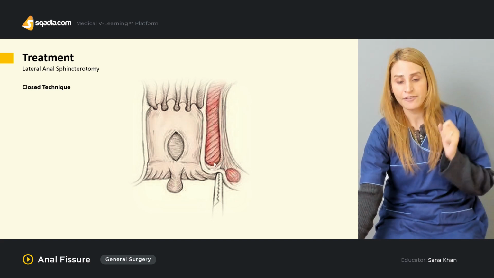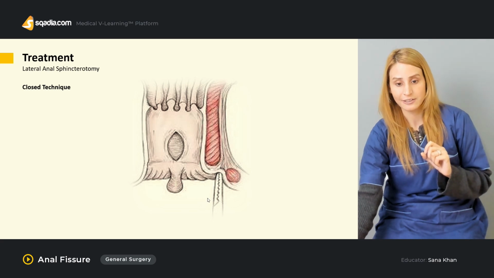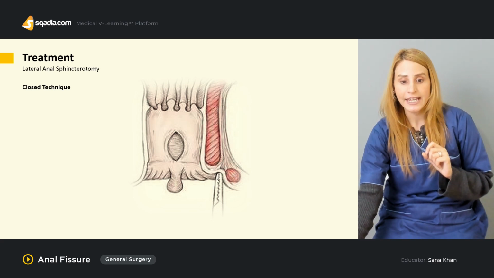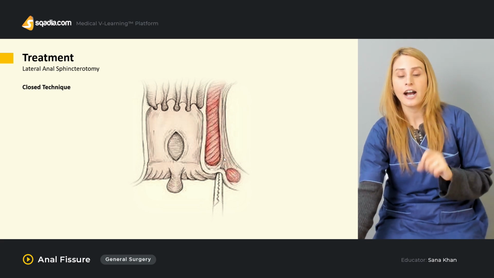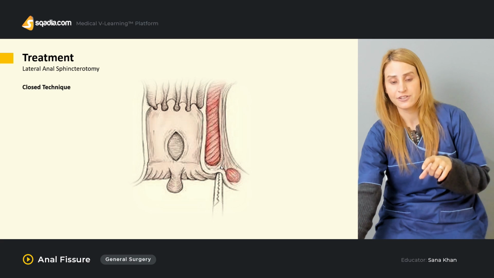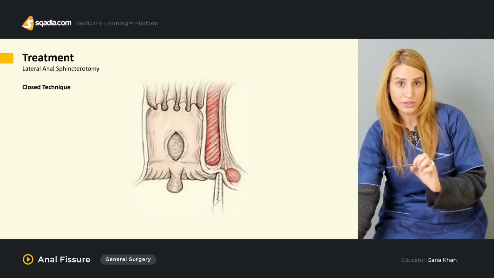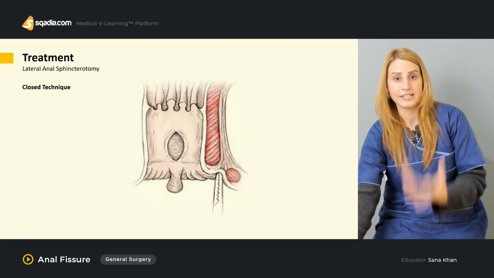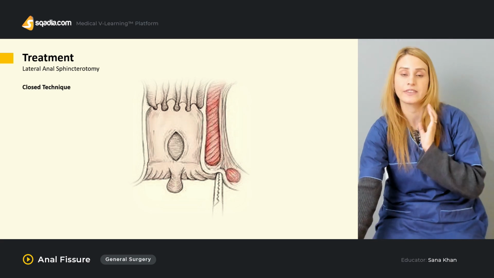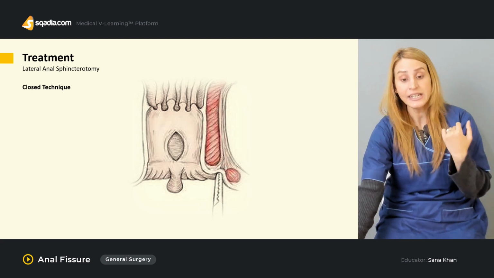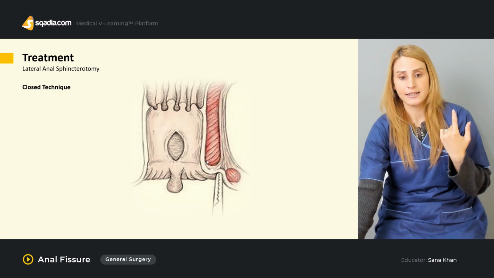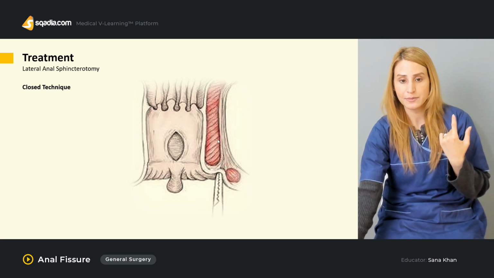So after the palpation of the intersphincteric groove, you insert the scalpel, and you try cutting this towards this, and then a feeling. Okay, so this is actually the internal sphincter. You're going all the way from here, and 2/3 of the distal end of the internal sphincter is being cut, and only 1/3 of the sphincter is left behind. The distal part is separated and the proximal part is separated.